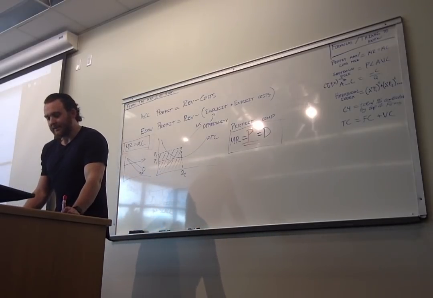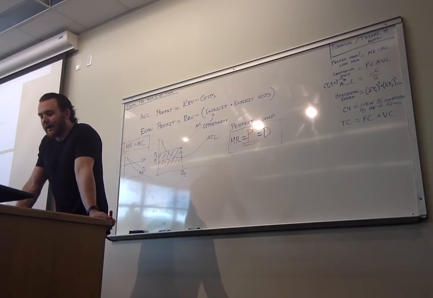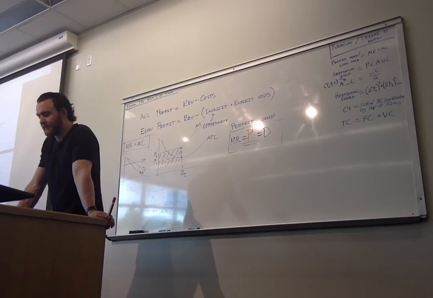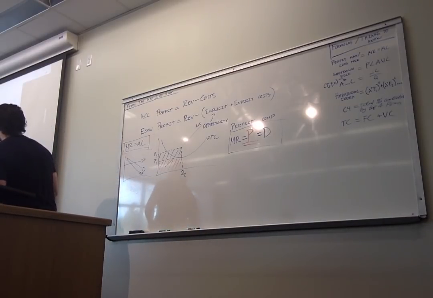Okay, let's go to 12. When market price is P1, a profit maximizing firm's total profit or loss can be represented by which area? E. Okay, why is that?